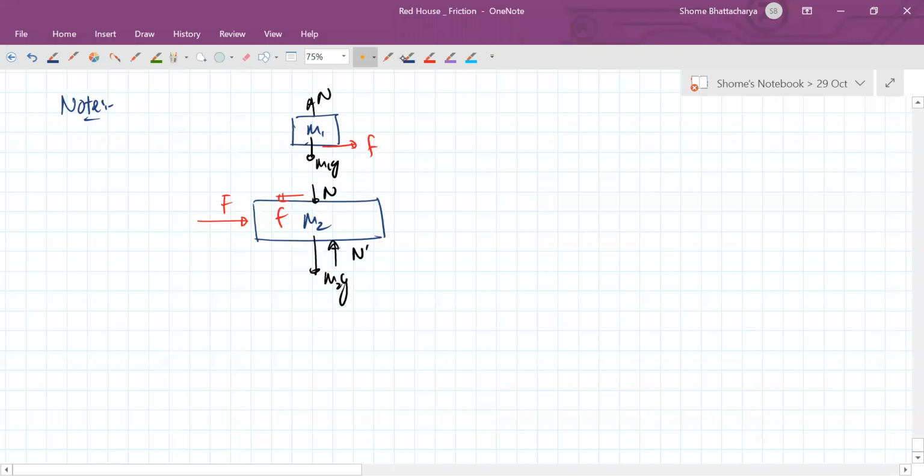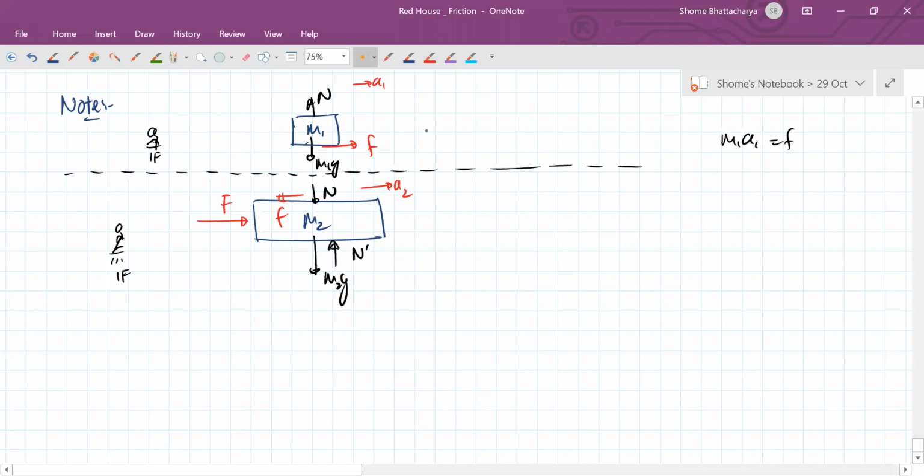Okay, but the thing is that both of the FBDs I'm making in the ground frame. Okay, I'm not getting into any non-inertial frame here. So this FBD is also in inertial frame. This FBD is also in inertial frame. So you can see that M1 a1 is dependent on friction.